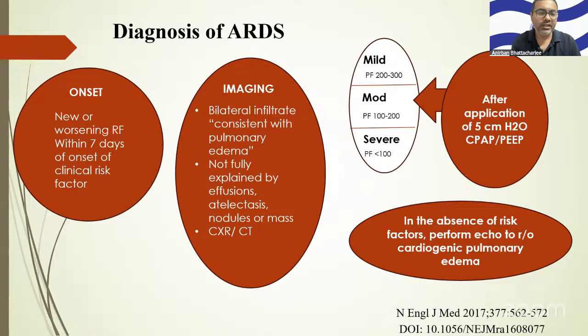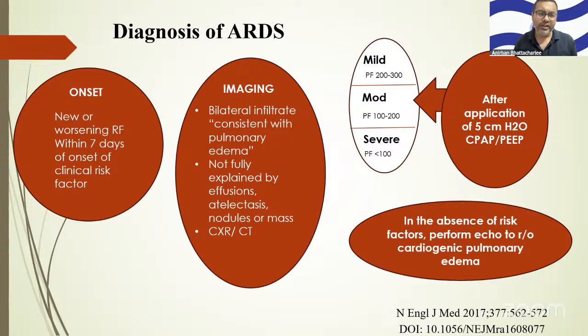As Srishti rightly mentioned, we need an ABG for doing that as per the Berlin definition. One important caveat is that you have to measure the severity only after application of 5 centimeters of water of CPAP or PEEP to your patients. Now, one thing that Dr. Srishti was mentioning, that we need to rule out the cardiogenic cause.